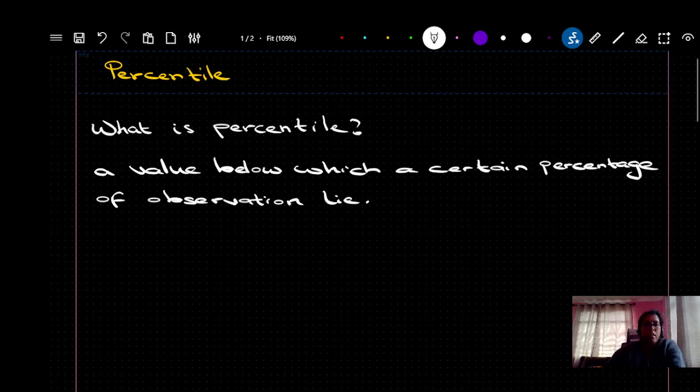Let's take an example so that you can understand better what we mean by this definition.